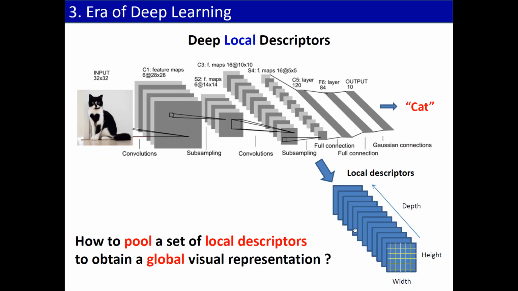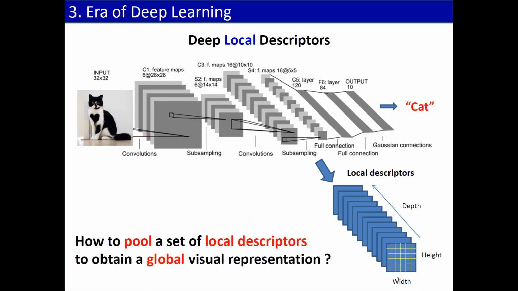So again, we can interpret it as a set of deep local descriptors. The dimension of each descriptor is the depth. The total number of descriptors is width by height. So we represent an image as a set of local descriptors, very similar to the SIFT features during the heyday of the bag-of-words model.